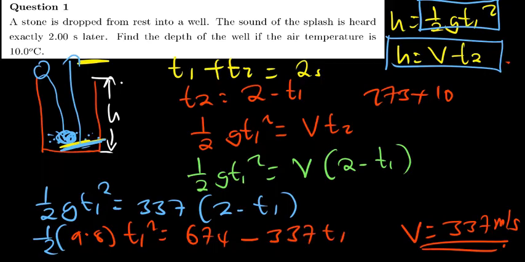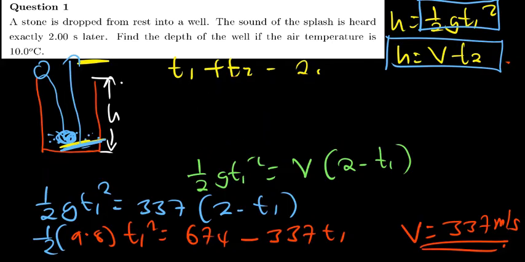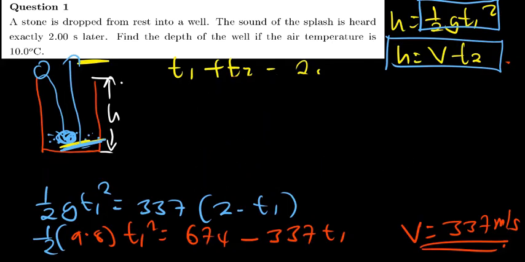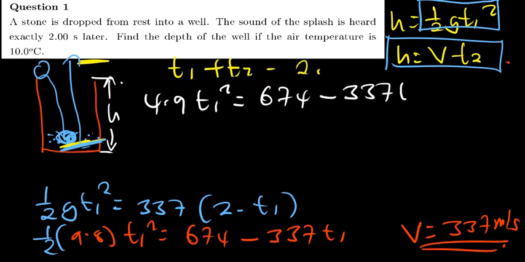So now I can get rid of this. Then I'll say half times 9.8 is 4.9 T1 squared is equal to 674 minus 337 T1. I can clearly see that I've got T1 squared and just T1, meaning that is a quadratic equation.